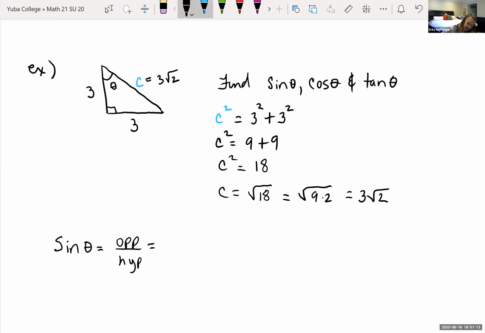So if I'm looking at the theta, the opposite of theta, well, that's 3, all over my hypotenuse, which is 3 square root of 2. So we can simplify our fraction because we have both 3 in the numerator and denominator, and it's strictly multiplication between that 3 and root 2. So I would be left with 1 over root 2.